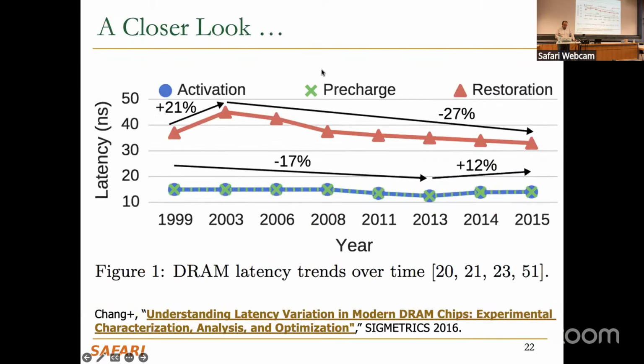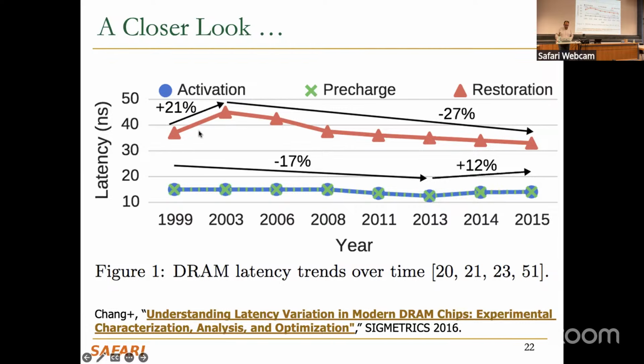And here is another plot which provides a closer look. There are different latency parameters in memory, which we're going to see today in more detail. There are different commands, or let's say different processes, in the memory, specifically DRAM, that play a role: activation latency, pre-charge latency, and restoration latency.